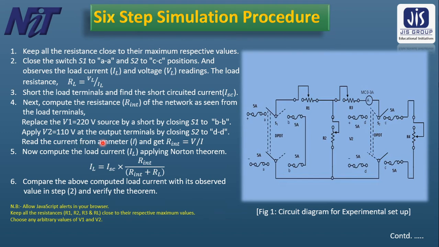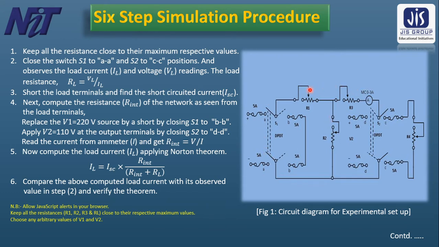Read the current from the ammeter I and get R internal. So V is your 110 and I you read from this ammeter. Then you will get the equivalent internal resistance, as the primary voltage source has been shorted now.